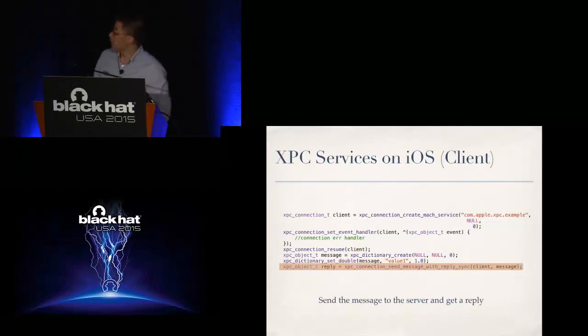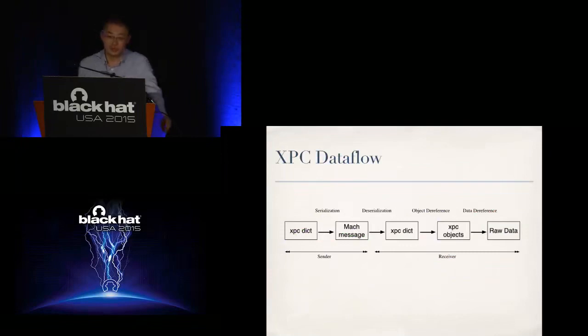And this slide summarizes the data flow along the XPC channel. From the sender's point of view, you prepare an XPC dictionary and serialize it into a Mach message, and send it to the other process. From the receiver's point of view, you receive the Mach message and deserialize it into an XPC dictionary.